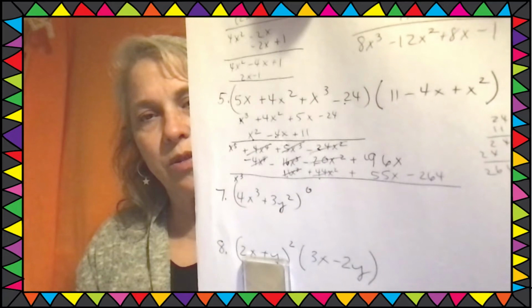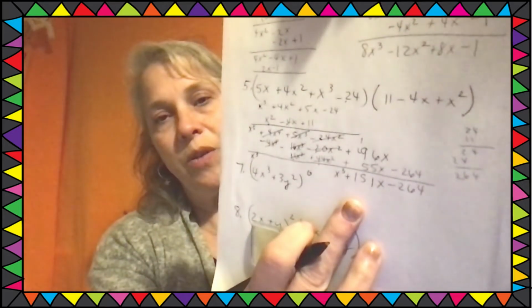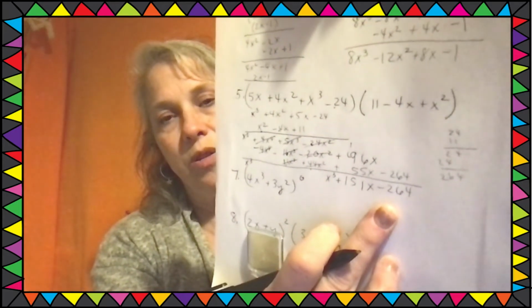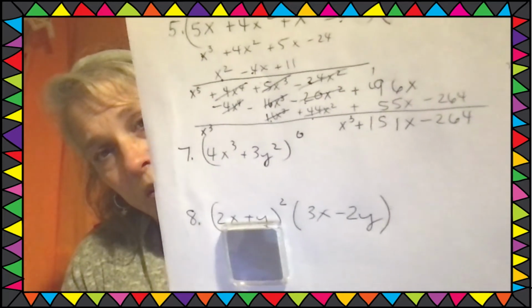So they cancel out to 0 because I have a positive and negative of the same thing. So now I have a positive 96 plus 55 is 151x minus 264. So I have x cubed plus 151x minus 264. And if you need to stop and just take your time on this, go ahead and do that.